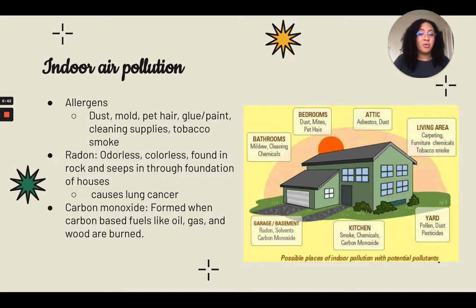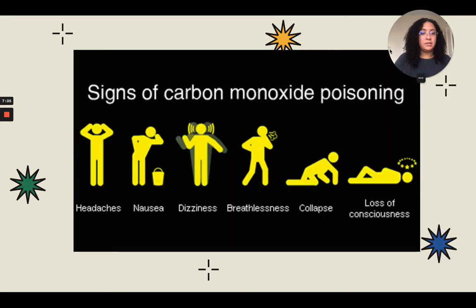Then there's also a more common one, carbon monoxide. That's formed when carbon-based fuels, so natural gas, oil, or wood are burned, all of those things can cause carbon monoxide to be trapped inside our homes, and it's super harmful for us. Okay, so here are some signs of carbon monoxide poisoning.